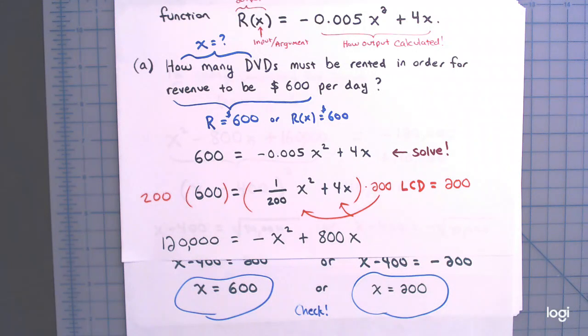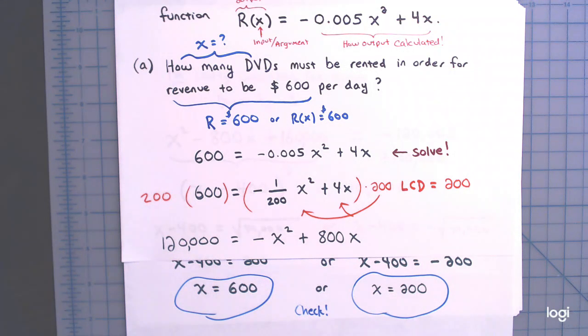So the question is, how many DVDs must be rented in order for the revenue to be $600 per day? There are two possible answers here. If the kiosk rents 200 DVDs, the revenue will be $600. Or if the kiosk rents 600 DVDs, the revenue will be $600.